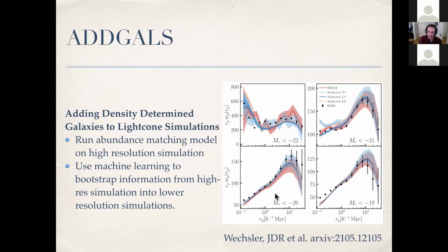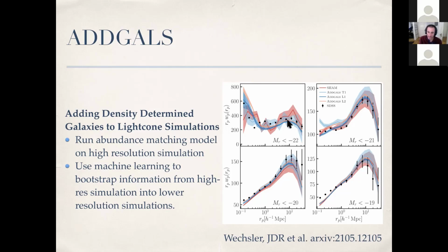And that's illustrated in this figure here, where we're just selecting galaxy samples in different brightnesses. So each panel is a different selection. The points here are data. The red lines here are the measurements from the high resolution simulation, which are noisy because it's a small simulation. And then the different colors are progressively lower resolution simulations.